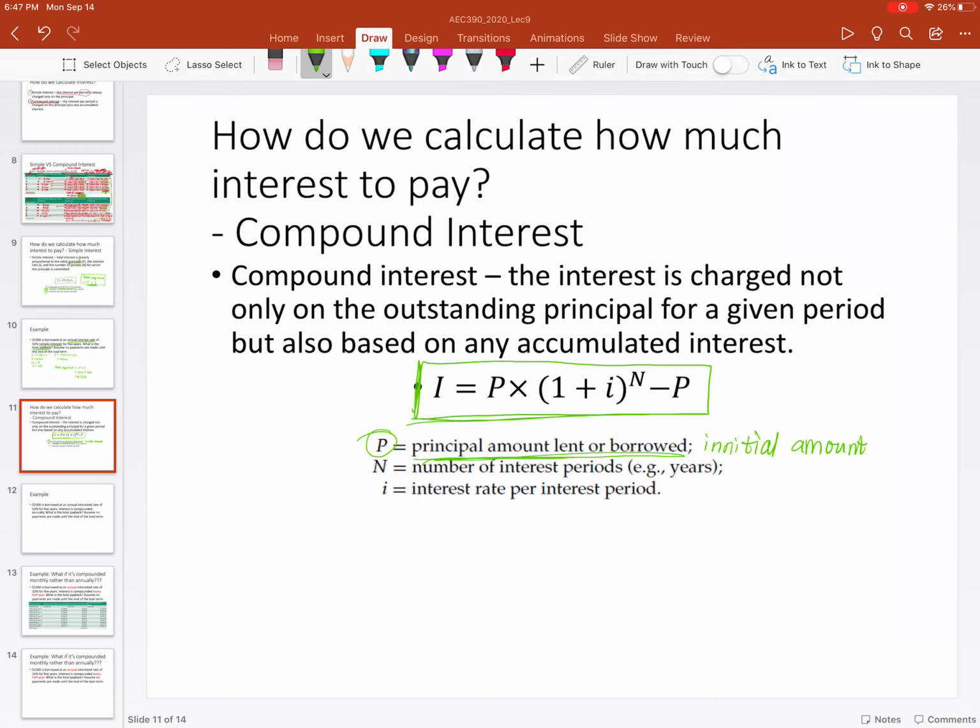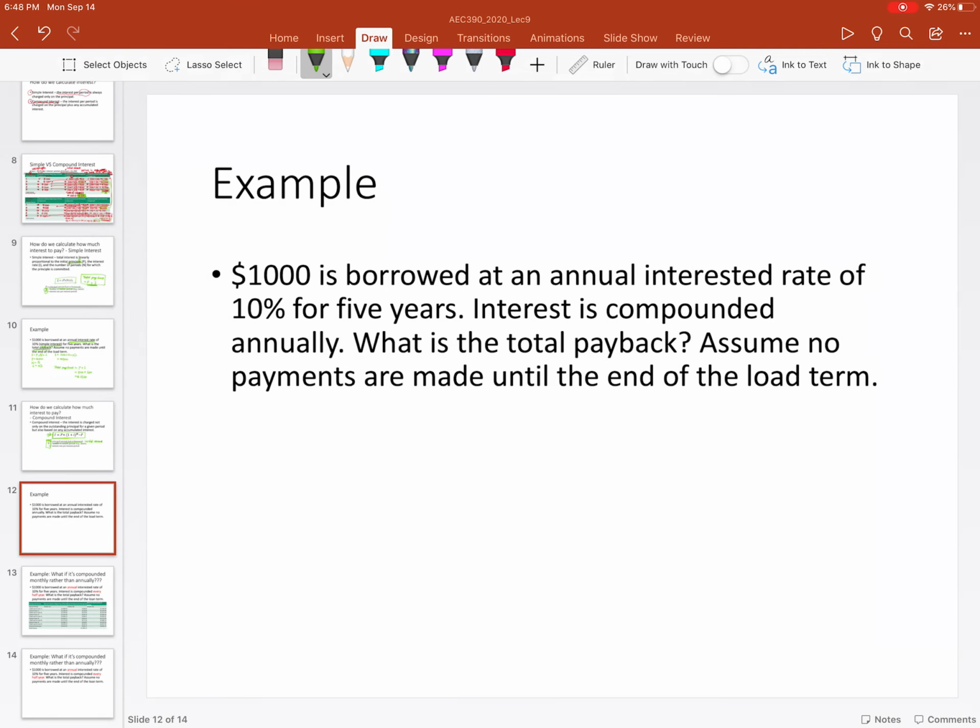And n still is the number of interest periods, okay? And i is the interest rate per interest period. So the definitions of all the letters are the same, okay? It's just the form of the equation that is different. But this equation will give you the total interest of the compound interest method very quickly.